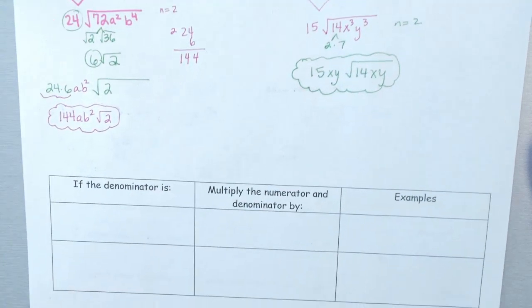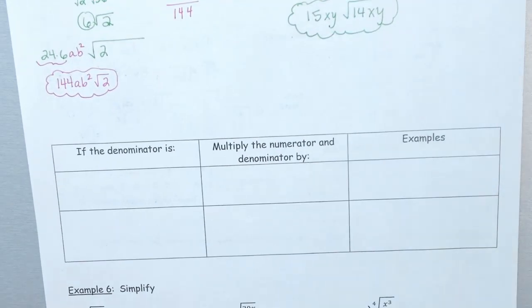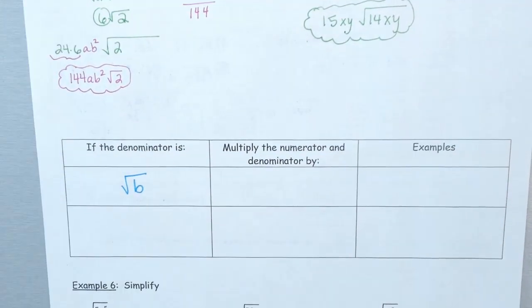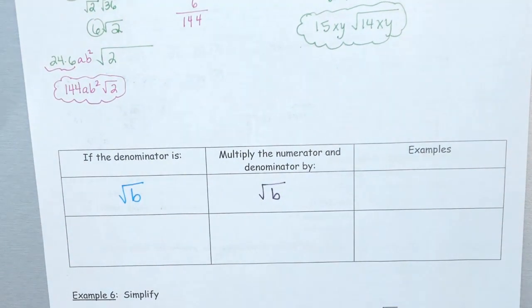Okay, good. All right, now the next thing we're going to do, again, is something that we did in 6-3. If the denominator is a square root, then what you want to do is multiply the numerator and the denominator by that same value. So if it's a square root, you multiply by the square root of b, for example.